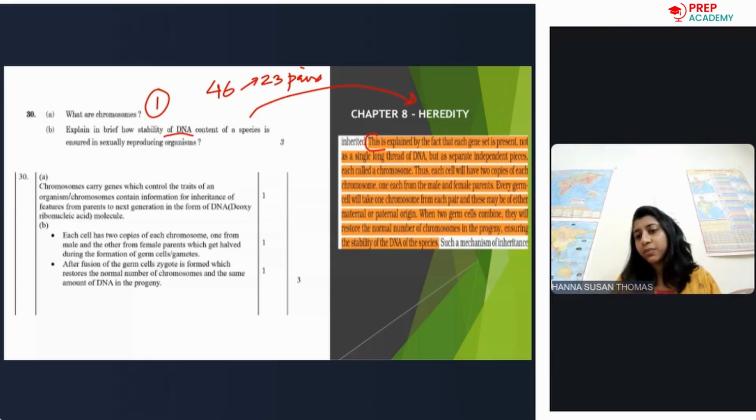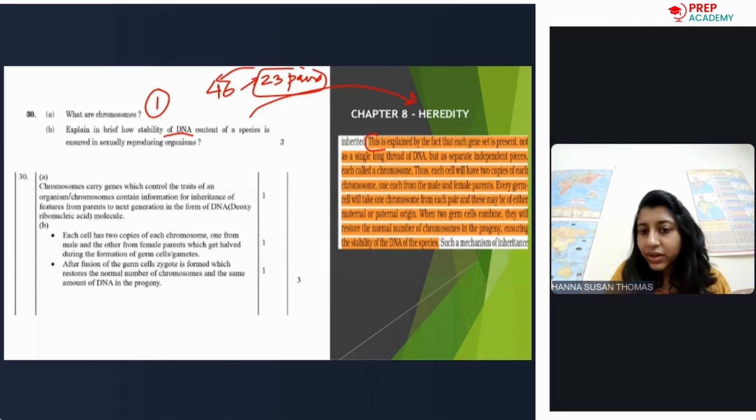Ovum or egg and sperm, because these are our gametes or sex cells. And we know that sex cells only have half the number of chromosomes in them. So that's why if these gametes or sex cells, having half the number of chromosomes, fuse together, it will form the normal 23 pairs of chromosomes or 46 chromosomes in number.